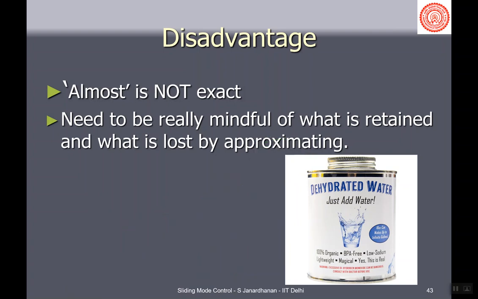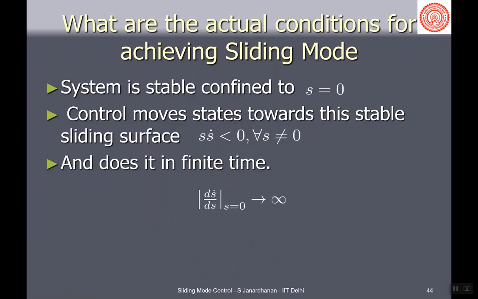But let's keep the chattering problem aside and concentrate on what the actual conditions are. When confined to s equal to 0, the system should be stable; that is definitely there. The control should be such that it moves the state towards the sliding surface, and it should do so in finite time by satisfying this non-Lipschitz condition.